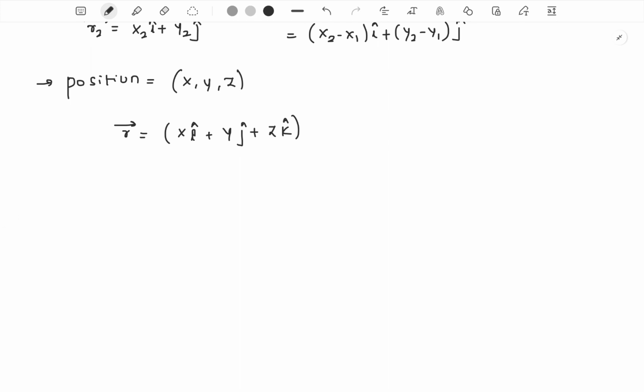Now this is what a position vector is. So using the point of position vector, let's continue with the discussion.